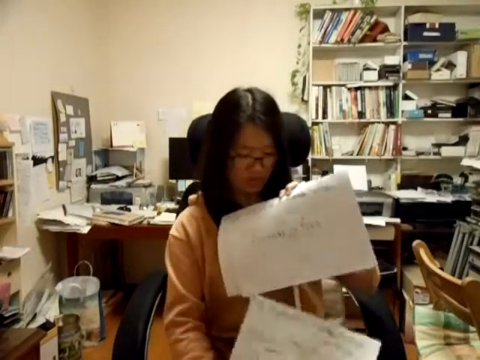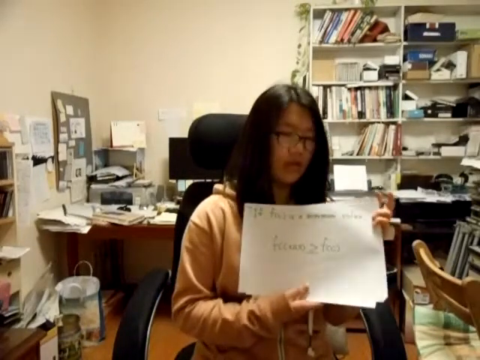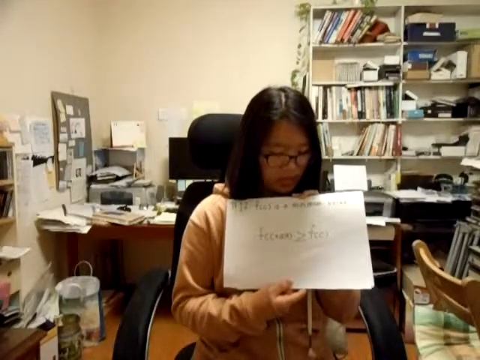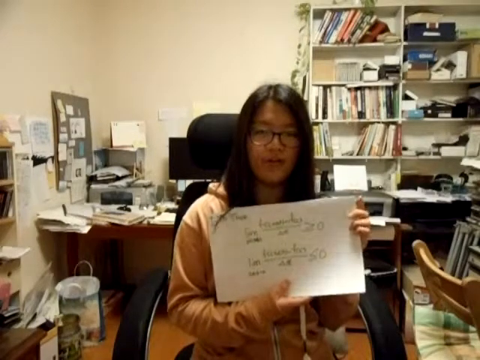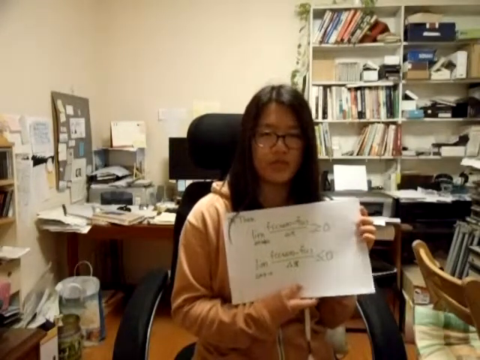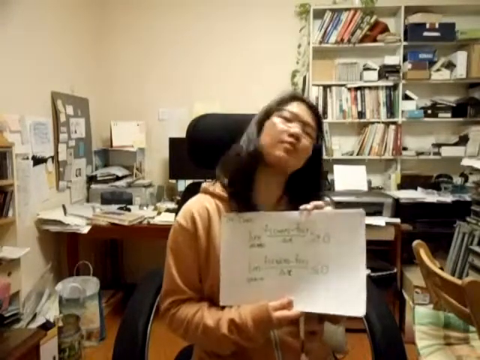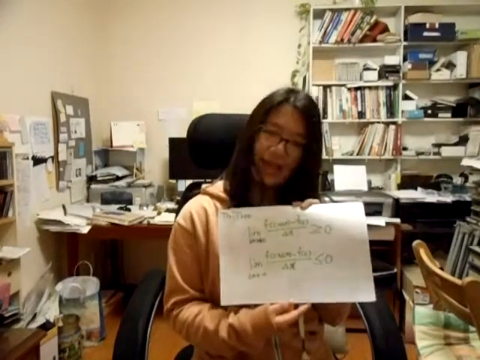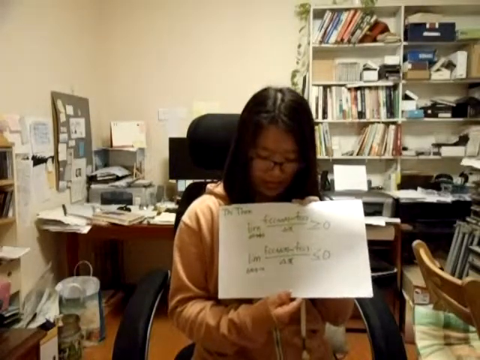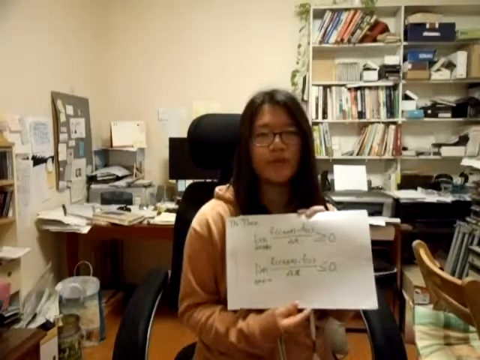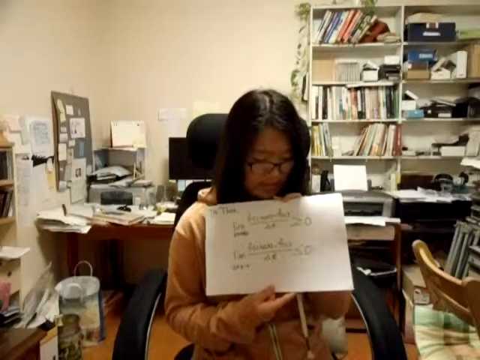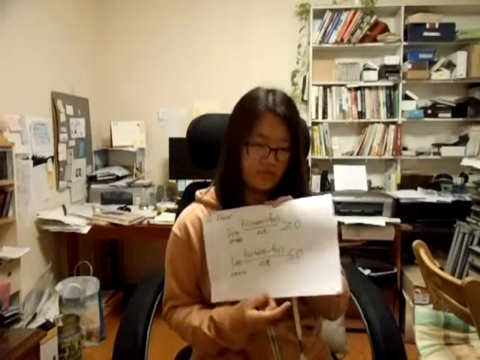And second, if f(c) is a minimum value, f(c + delta x) is greater than or equal to f(c). So the limit of (f(c + delta x) - f(c)) over delta x as delta x approaches 0 from the right side is greater than or equal to 0, and the limit of (f(c + delta x) - f(c)) over delta x as delta x approaches 0 from the left side is less than or equal to 0.